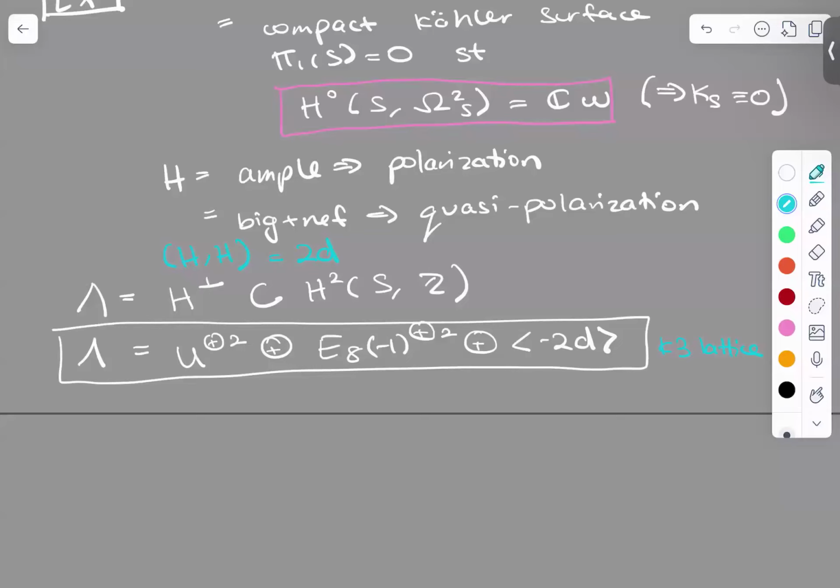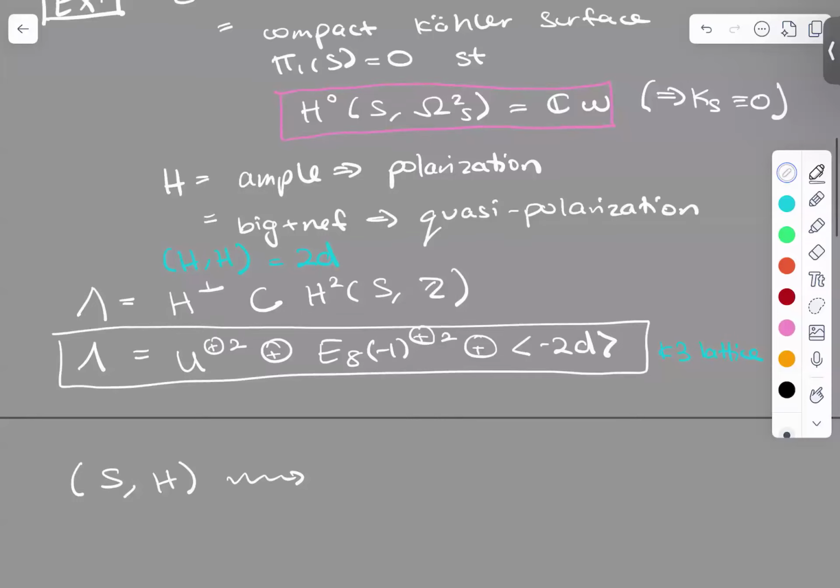Okay. And so I said that this defining property of a K3 surface was this thing in the pink box, the fact that the space of global two forms is generated by a single non-degenerate form. And so if I consider the map which takes the pair of a K3 surface together with this chosen quasi-polarization and assigns to it the line generated by this given class, this is the same pink box thing.